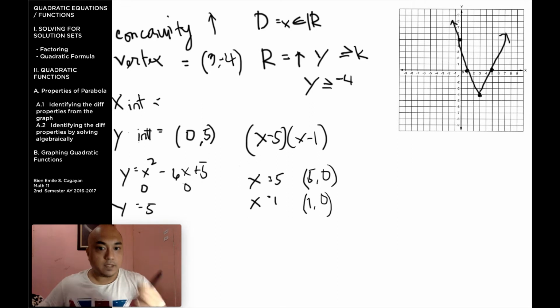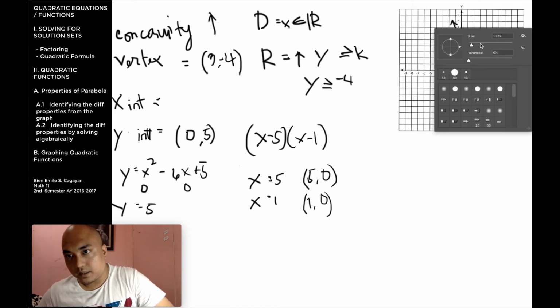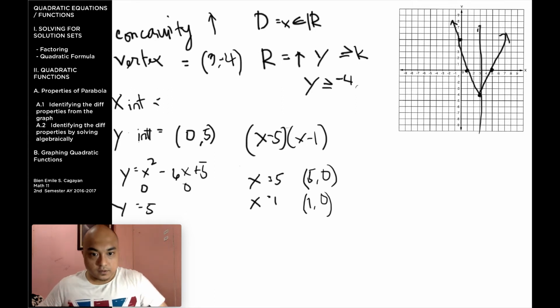Now the axis of symmetry. We know that the axis of symmetry is the line dividing the parabola into two equal parts. The axis of symmetry should be x equal to h.